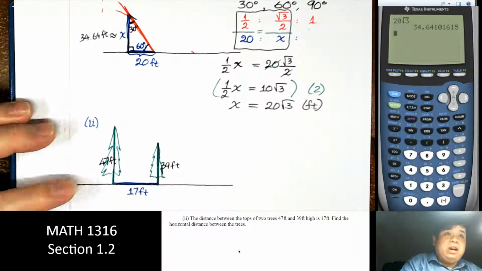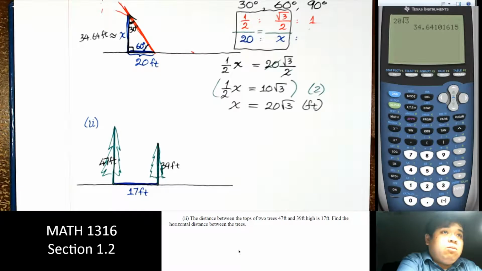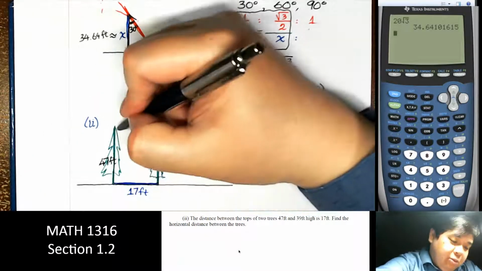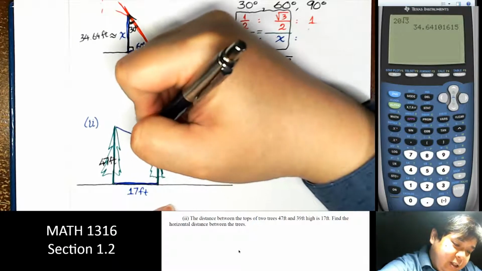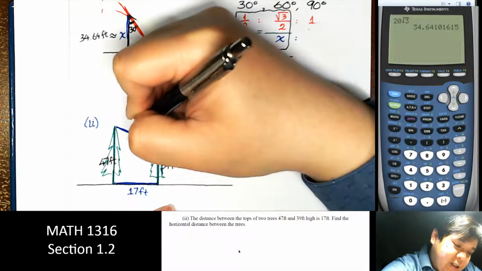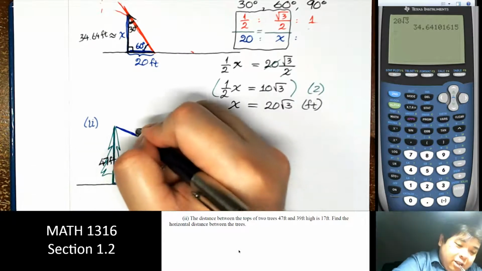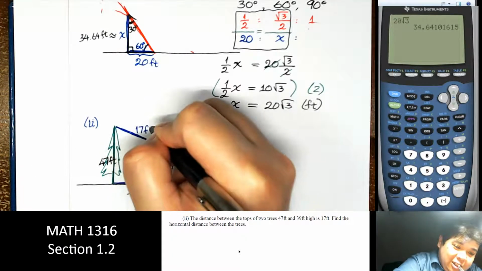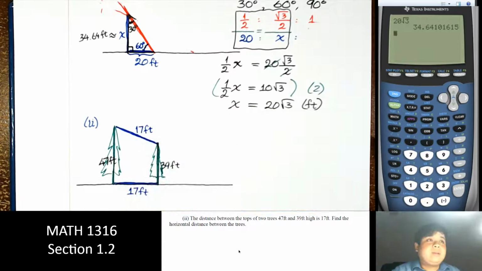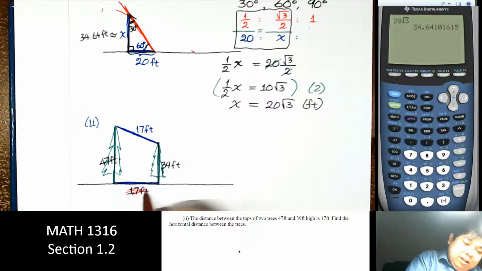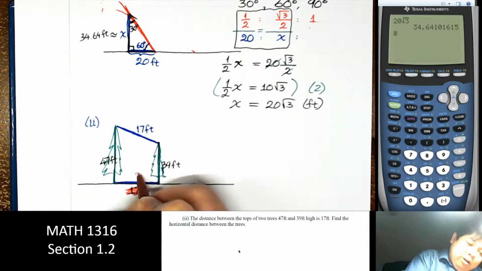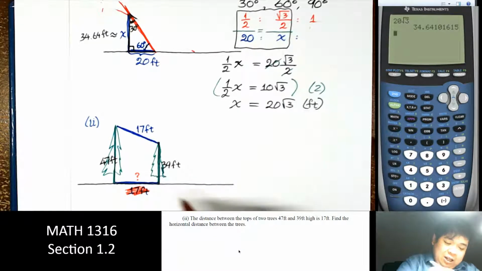This is not up to scale. Sorry, this is 17 feet. Find the horizontal distance between the trees. So this distance we don't know. Let that be x.